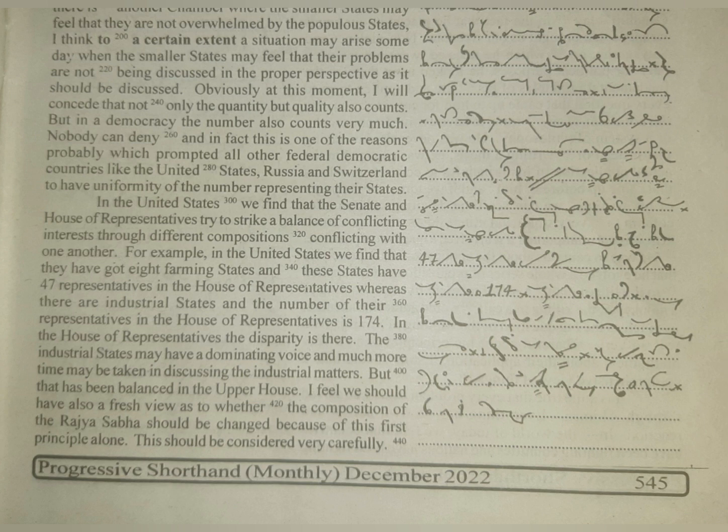In the United States, we find that the Senate and House of Representatives try to strike a balance of conflicting interests through different compositions conflicting with one another. For example, in the United States, we find that they have got 8 farming states, and these states have 47 representatives in the House of Representatives, whereas there are industrial states and the number of their representatives in the House of Representatives is 174.